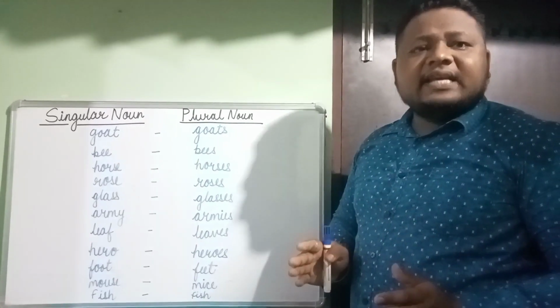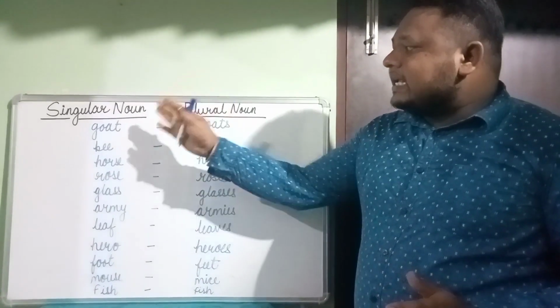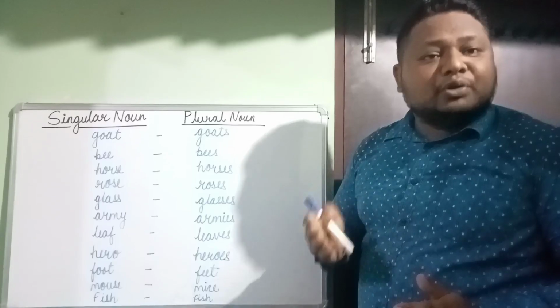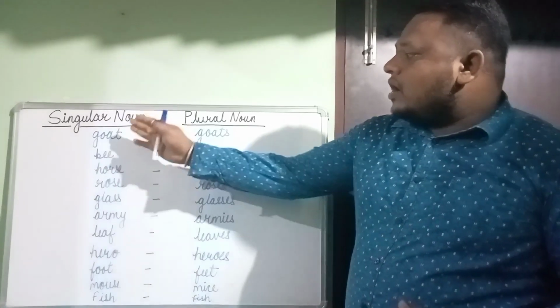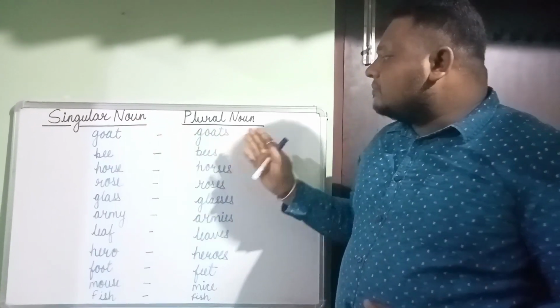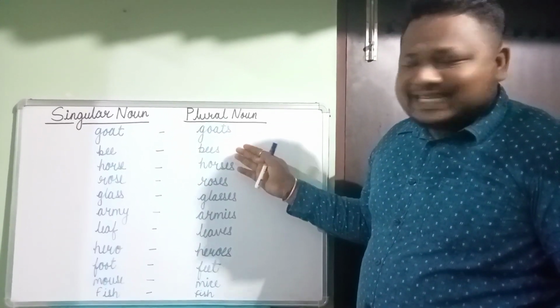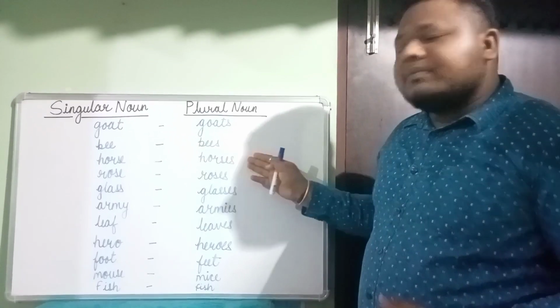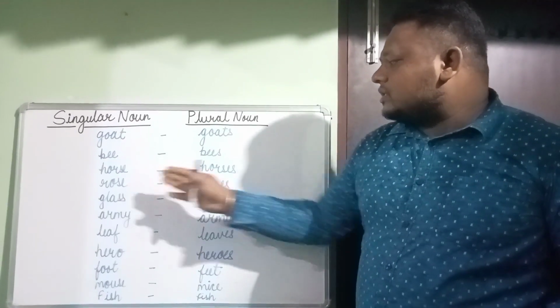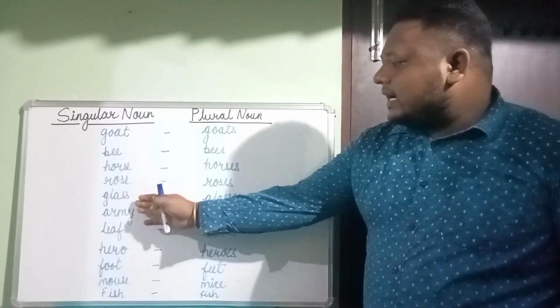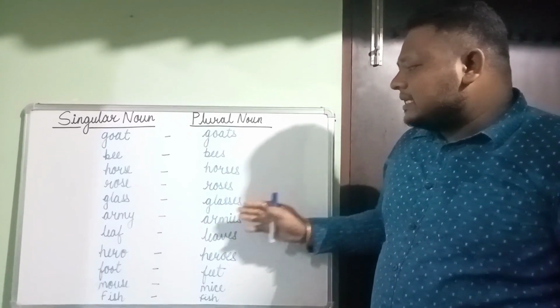Now, let us see some examples of singular nouns and their plural forms. Cat becomes cats. Bee becomes bees. Horse becomes horses. Rose becomes roses. Glass becomes glasses.